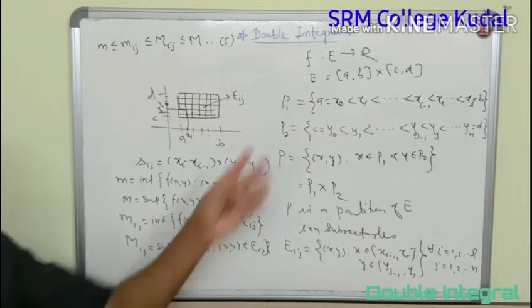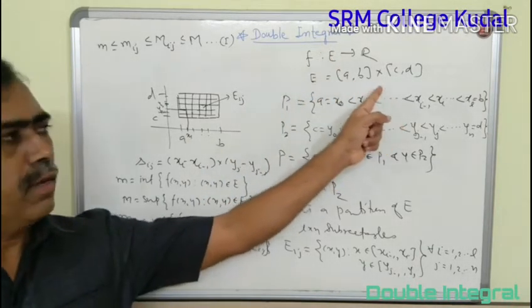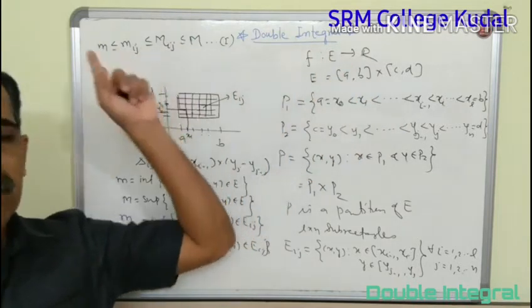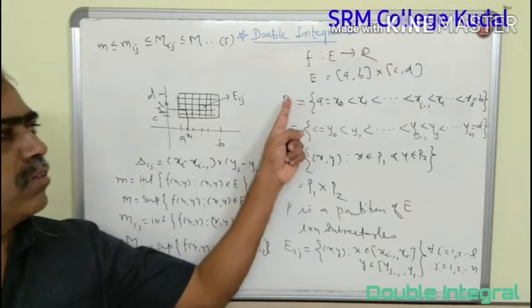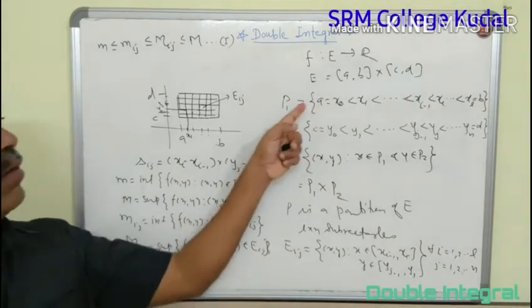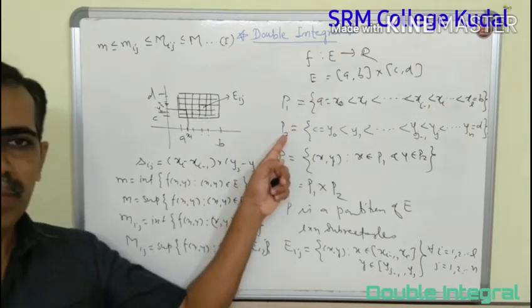So is it clear to everybody? I have considered a rectangle E as AB cross CD. f is a bounded function defined on the rectangle E. I have considered the partitions of the edges AB and CD. So P1 is a partition of AB and P2 is a partition of CD.